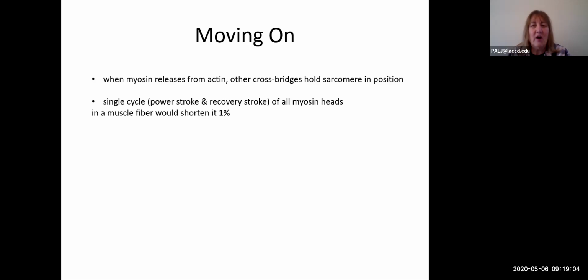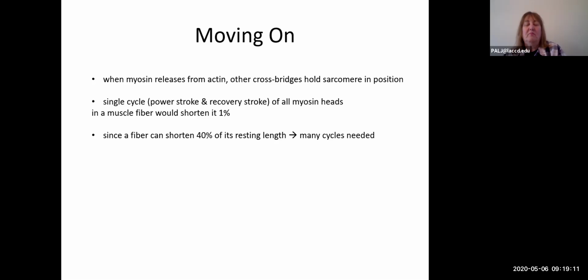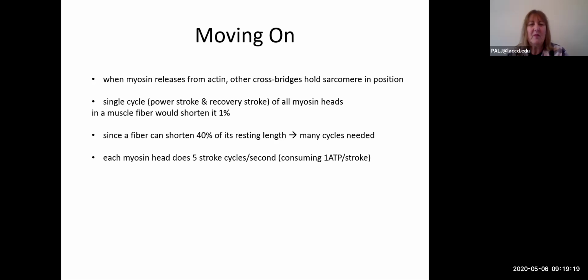So I hope by now you've realized we have to have a lot of these ratchetings going on. Because many cycles, 40 cycles for all of them would be required for a fiber to shorten 40% of its length.